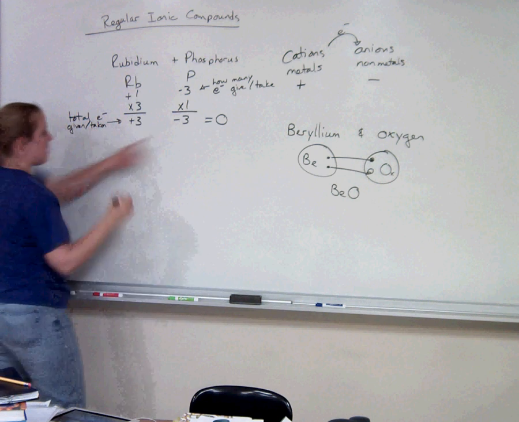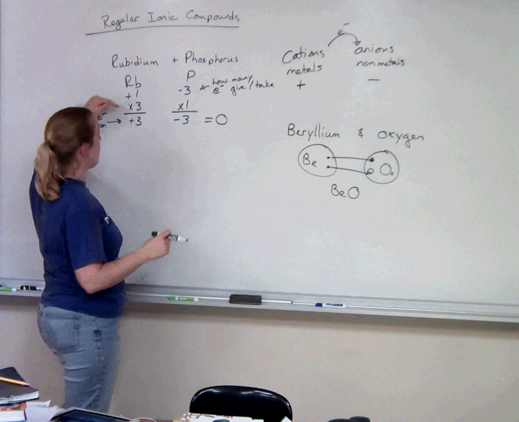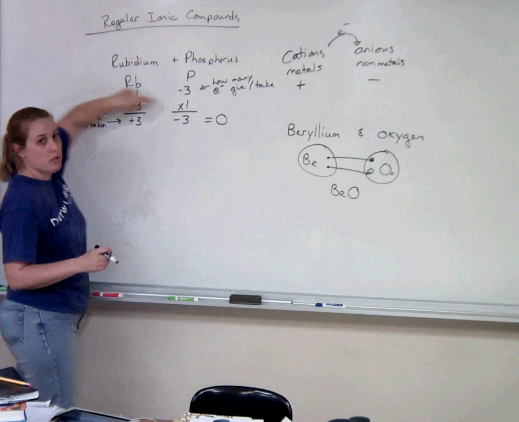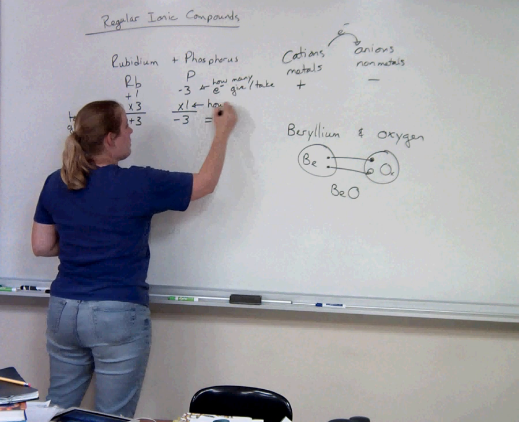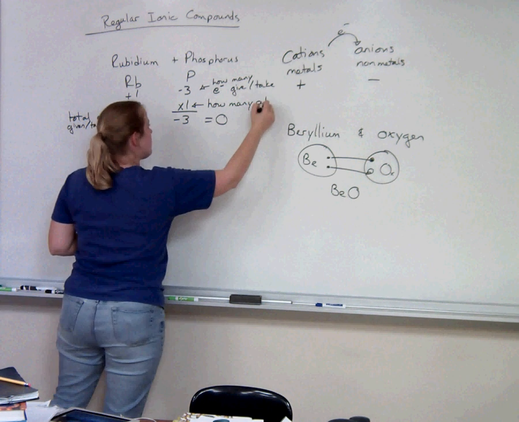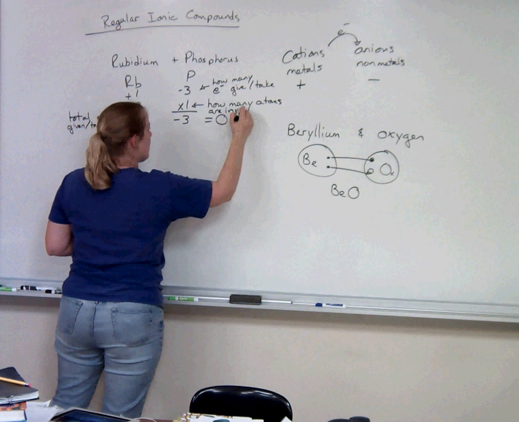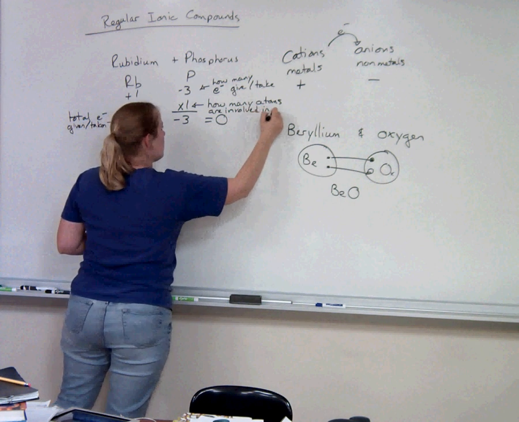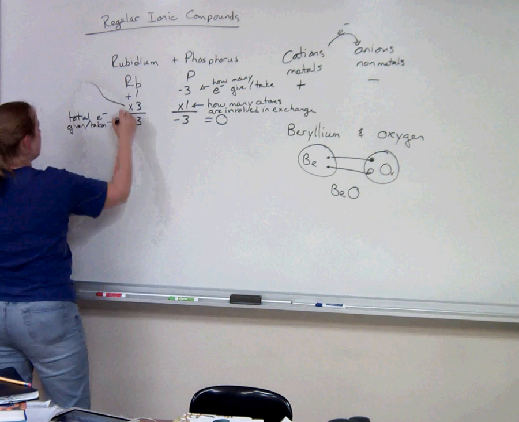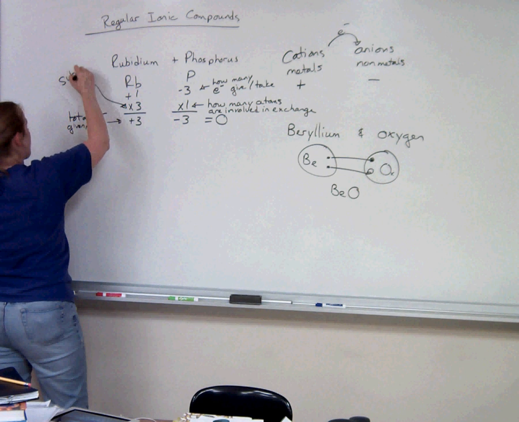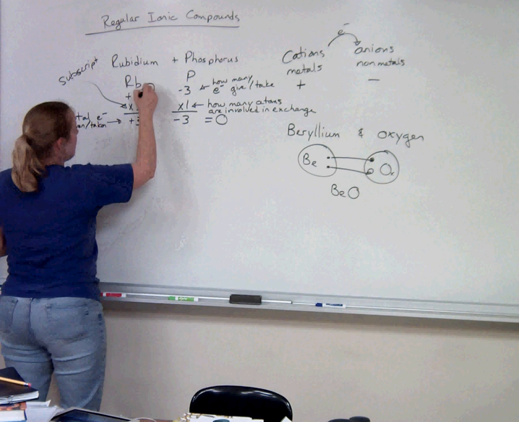If this comes out to 0, we did it right, because that means all the electrons that are given are taken. Then this row, the number we used for the multiplication, is how many atoms are involved in the exchange. This is our subscript. So I would call this Rb3P1.